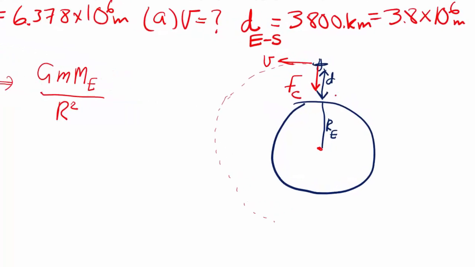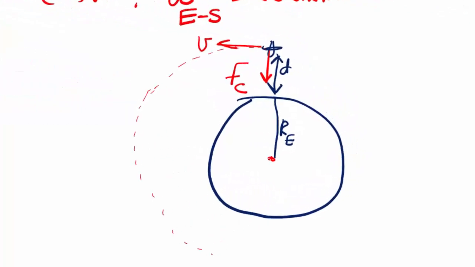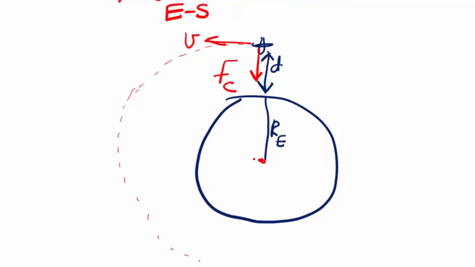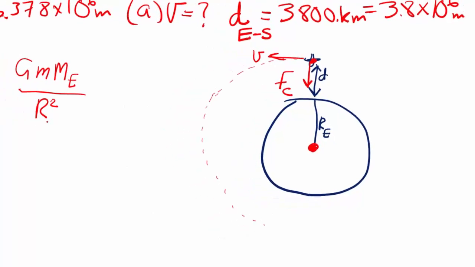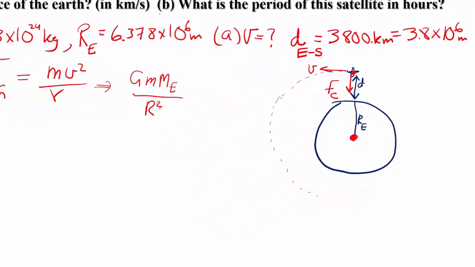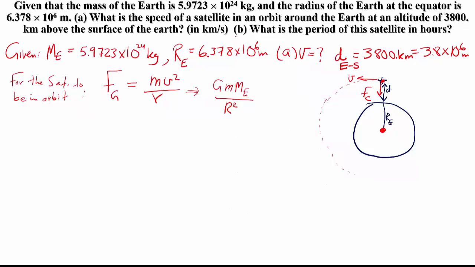So r here represents the distance from the center of the Earth, starting from here, this is the center of the Earth, to the center of the satellite. This distance here, from the center of the Earth to the center of the satellite, is what we need to plug into the equation. And this simply will be the radius of the Earth plus this distance. This should be equal to mv squared over r here.